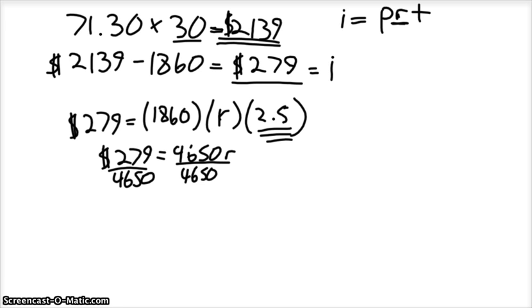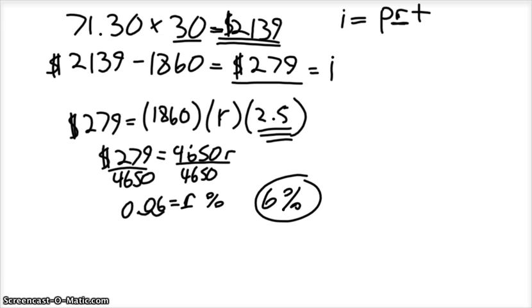We get 0.06 equals R. So what is that? Remember, R is a percent. So is that 0.06%? Nope. Remember, we got to move our decimal place 2 places to the right. So we are at 6%. That was the interest rate.